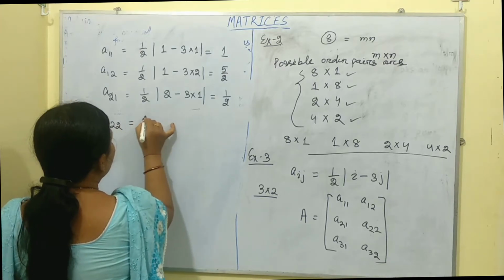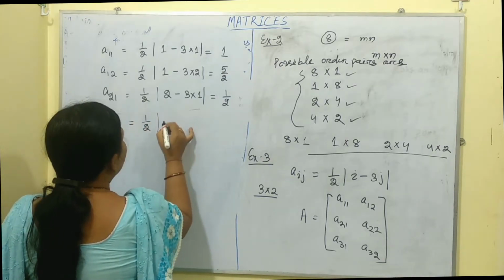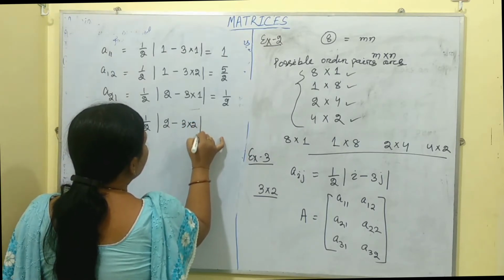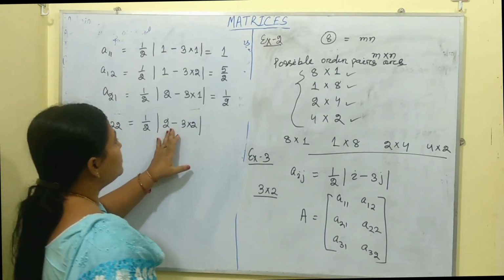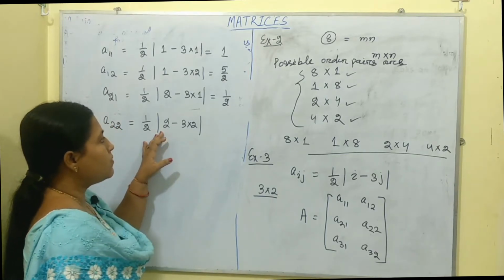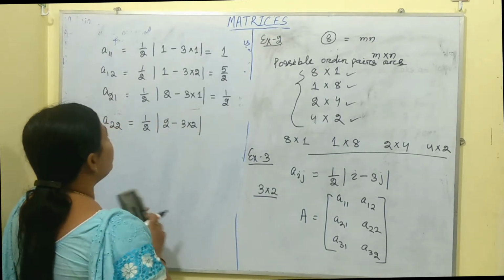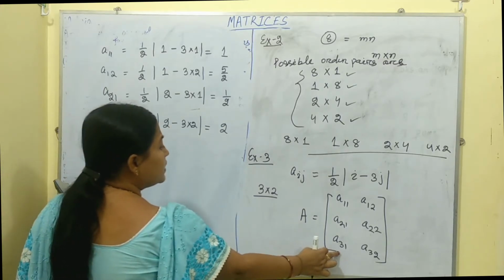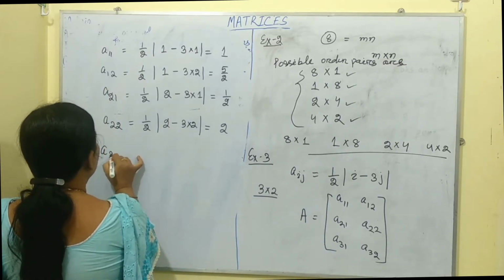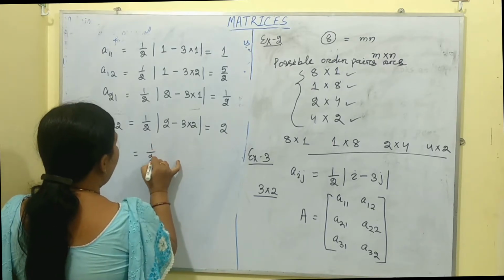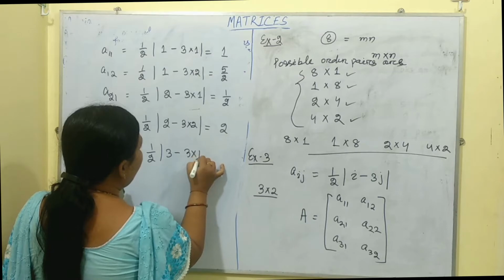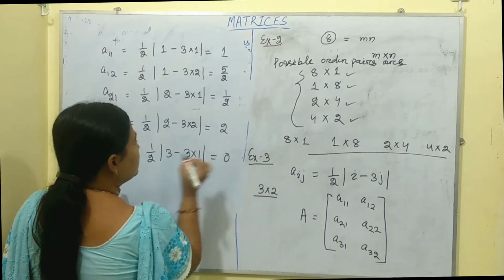A22 is equal to half into modulus of 2 minus 3 into 2. So 2 minus 6 is equal to minus 4. Modulus of minus 4 is 4. 4 by 2 is equal to 2. Next A31 is equal to half into 3 minus 3 into 1, that is equal to 0.